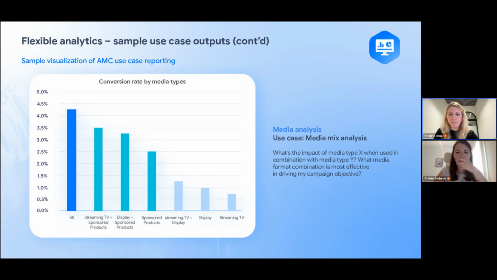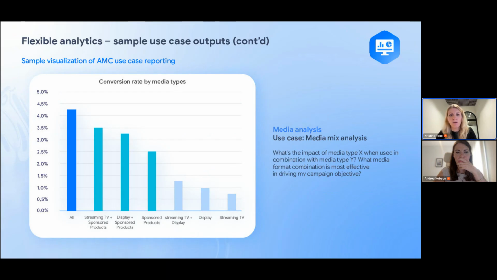And from here, we can also take some actions. For example, we can decide, okay, let's rebalance the budget allocation towards campaigns that use complementary formats.